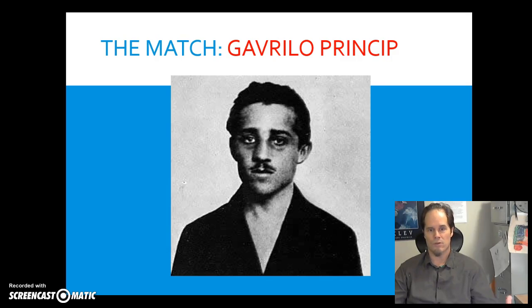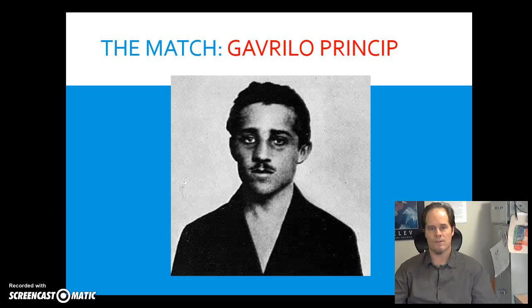The Balkans were a uniquely unstable place. In some ways, they remain somewhat unstable even to this day. At least events into the 1990s would indicate as much. But here we have Gavrilo Princip, who is the gentleman who has the infamy, or is sort of ignominious, for having assassinated the Archduke Franz Ferdinand.